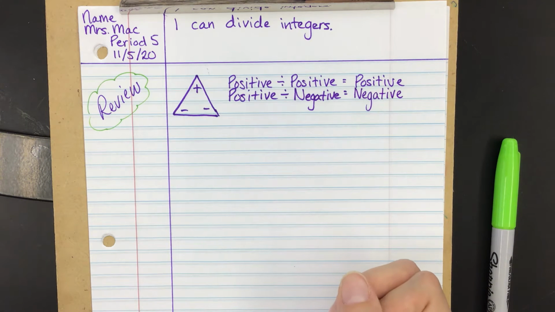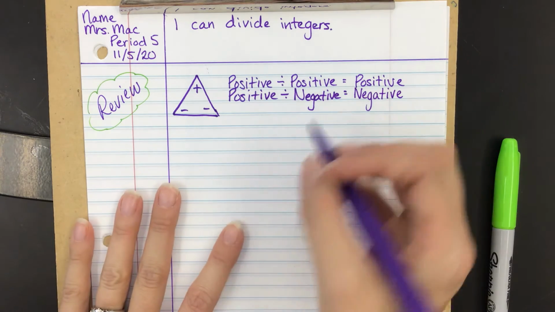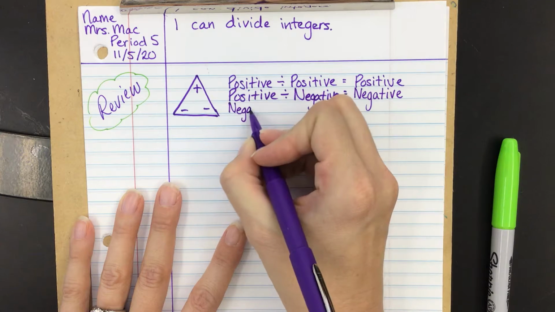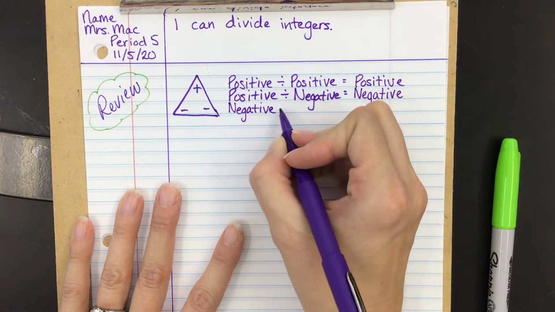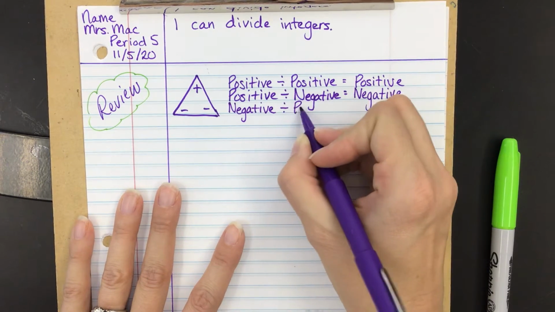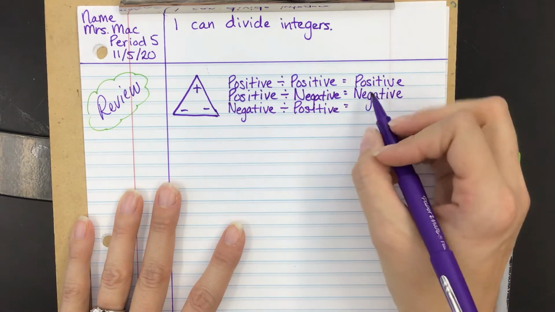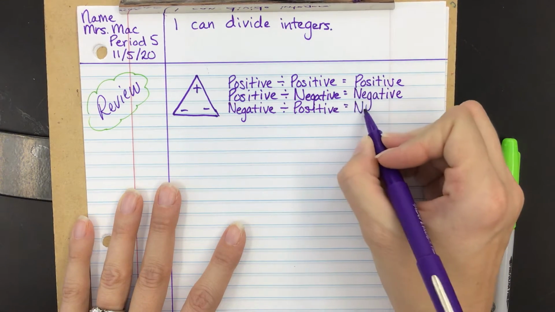Now the flip side of that is if you have a negative divided by a positive, which is going to give you that same negative solution. So a negative divided by a positive is going to give you a negative answer.